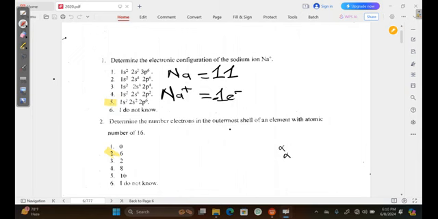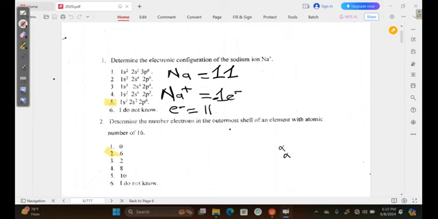Then what else do we need to answer such a question? So we know that the atomic number will actually be equal to our number of electrons. So for sodium that is not ionized, we're going to have 11 as our number of electrons. But for ionized sodium, we're going to have electrons that are either more or less based on the charge that we have.